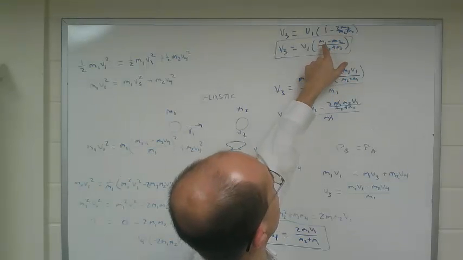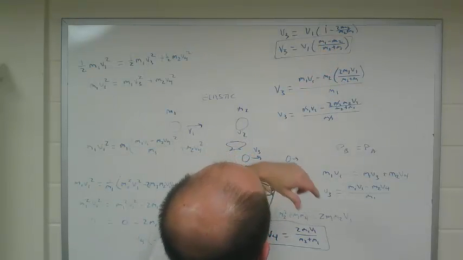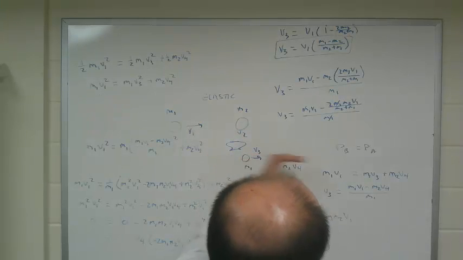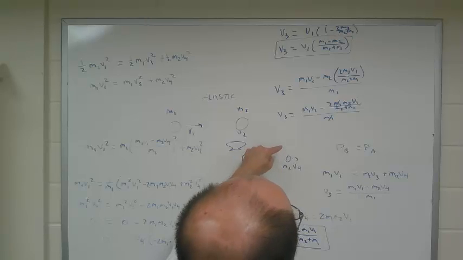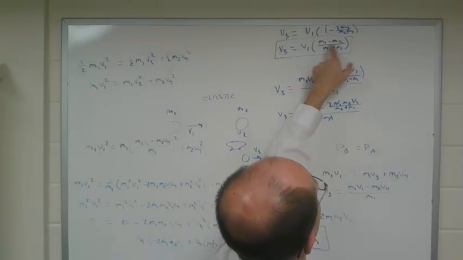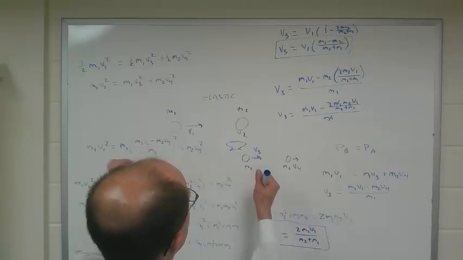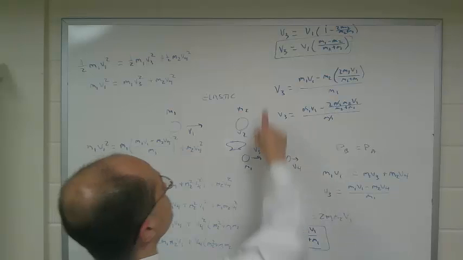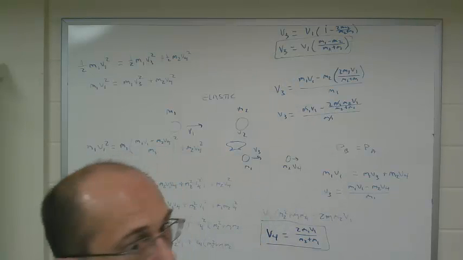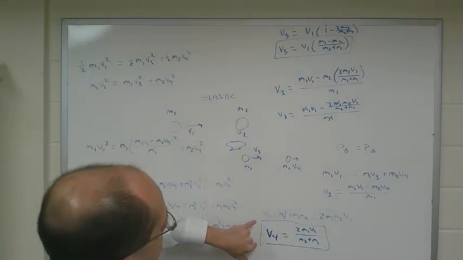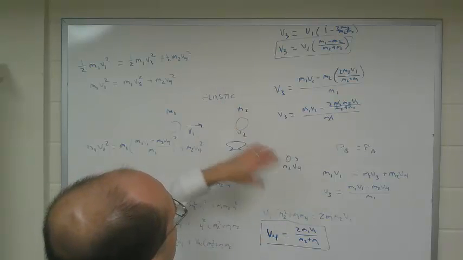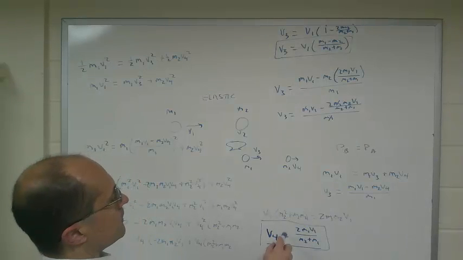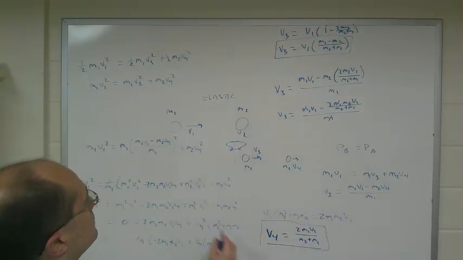So if M1 is larger than M2, M1 will strike M2, start it moving, and it too will continue moving forward. But if M2 is larger than M1, that means M1 will strike M2 and ricochet backwards. So these are our two generalized solutions for the velocities after a collision when one ball strikes a stationary one, and the results of how they move depend on the size of the masses.